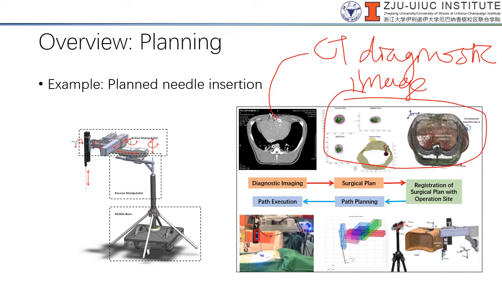But for a surgeon to do this precisely, sometimes it takes a lot of experience and skill because the image may not actually reflect what is happening in the environment in a timely fashion.